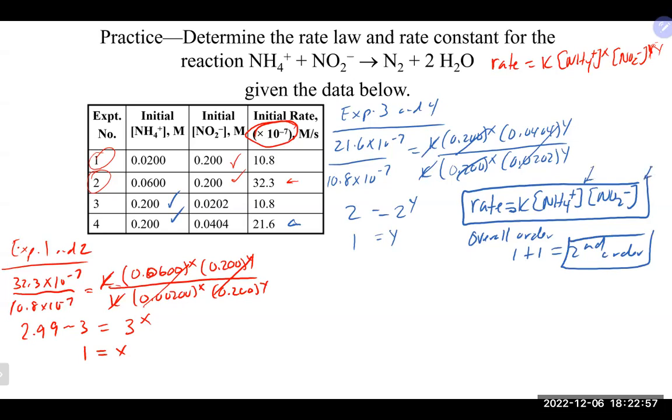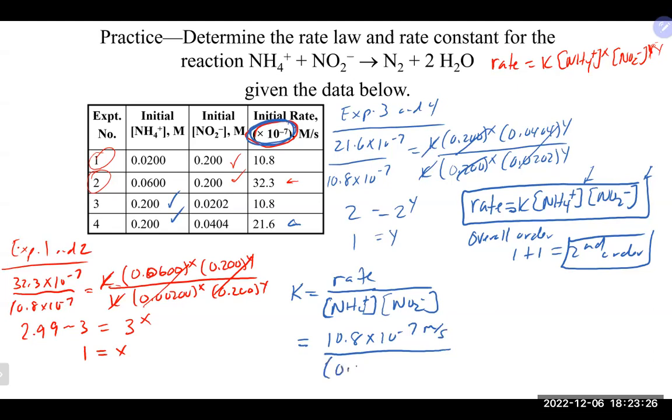Now that we have it, we can solve for our value of K, which would equal the rate divided by the NH4 plus concentration and the NO2 minus concentration. This is the part where you will be off if you missed that in the table. So I'm going to take number 1, which is 10.8 times 10 to the minus 7 molar per second, divided by 0.02 molar and 0.2 molar.